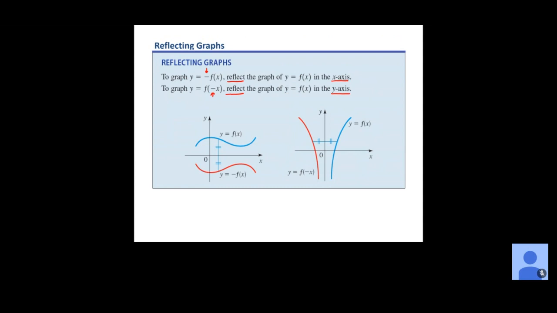We can see that in the graphs at the bottom here. So again, the blue is always the original. If I put a negative out front, that gives us a reflection over the x-axis. So that first graph on the left there shows us what that reflection would look like. And then if we have a negative on the inside instead, that's going to give us that reflection over the y-axis. And we can see that in that second graph.